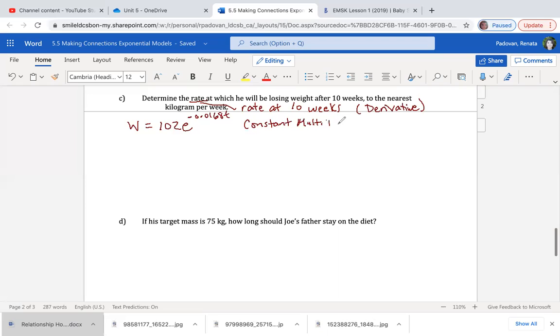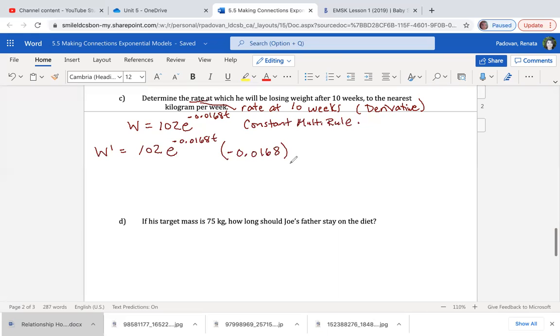Constant multiple rule: the derivative is to leave the constant alone. The derivative with base of e is just to copy it out the way it is, e to the exponent negative 0.0168t, and then multiplied by the derivative of the exponent. With respect to t, that is just the numerical value of negative 0.0168.